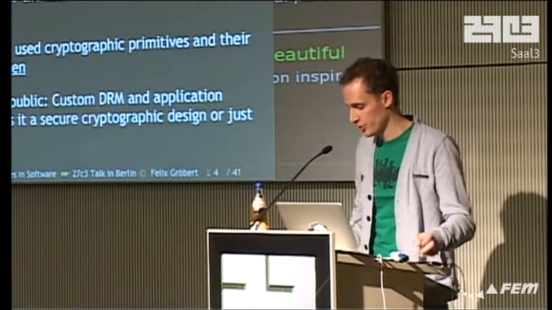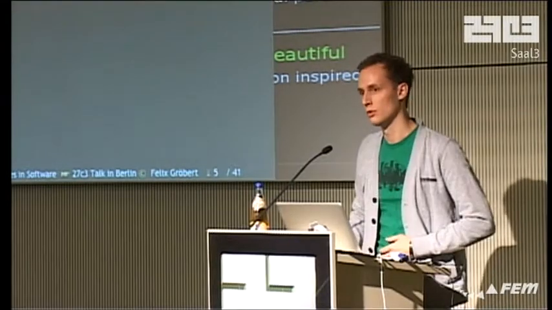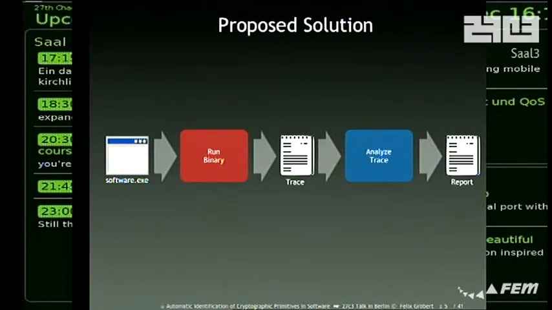My proposed solution is a two-phase approach. First, you run your target binary and generate a trace file which contains instructions and memory, and then later you analyze this trace file and generate a report on what kind of crypto has been used.